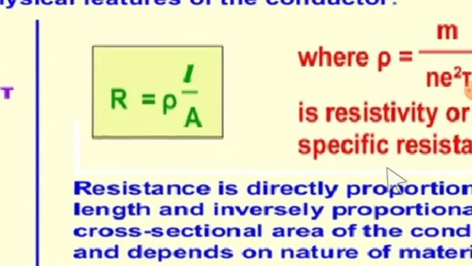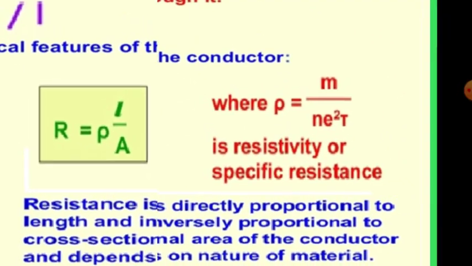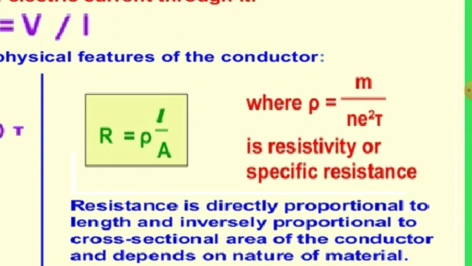Why do we call it specific resistance? Because it is the resistance offered by a unit cross-sectional area through a unit length of the conductor. Cross-sectional area is specific, unit cross-sectional area. Length is also specific, unit length.